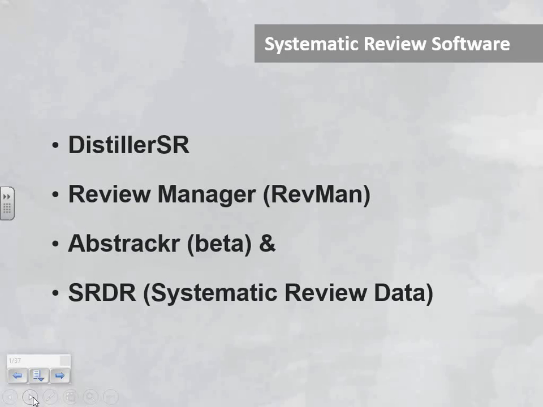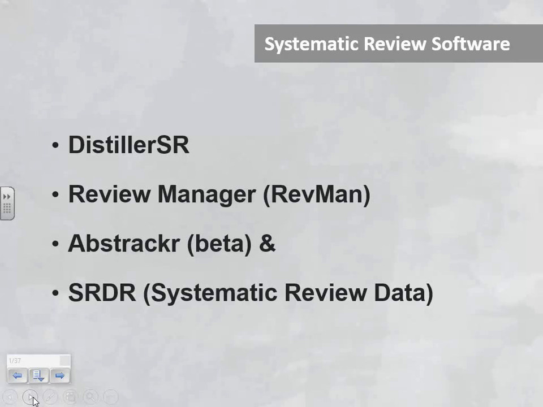It's powerful and easy to use for the extraction and management of data for systematic reviews and specifically meta-analysis. It is also an open and searchable archive of systematic reviews and their data. You will need to create a free account for this one as well. So those two are free.